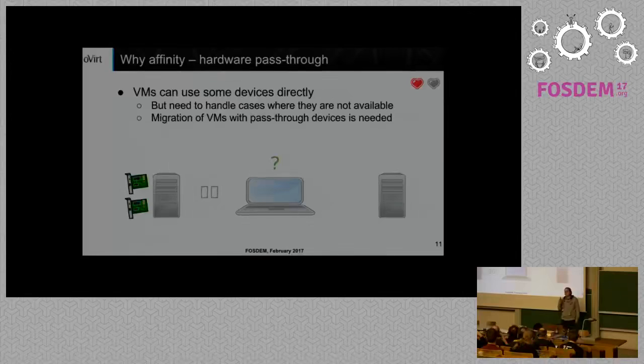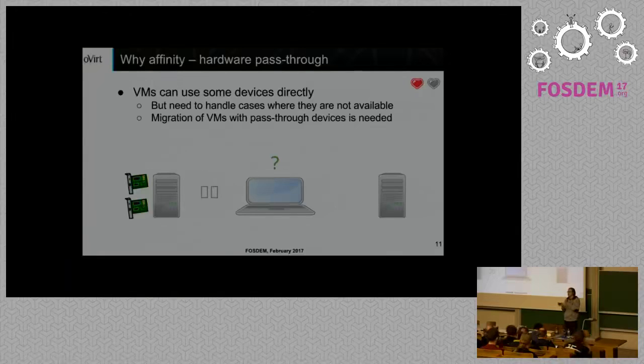Now, this is another case where Affinity can be helpful. If you have an application or a VM that can optimistically use some hardware resource using PCI pass-through, for example, or device pass-through, but if the device is not available, it can software emulate it, then you can get better performance when you use the right host and better high availability when the host is not available.